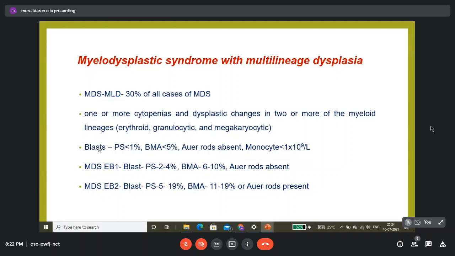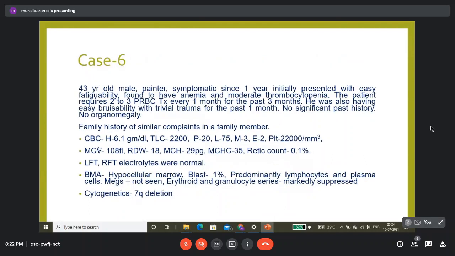Okay, so going on to case 6: a 43-year-old male, a painter by occupation, symptomatic since 1 year. He presented with easy fatigability, and was found to have anemia and moderate thrombocytopenia. This patient required multiple blood transfusions in the recent past, and he had a history of bruisability for the past 1 month, and no other significant history, no organomegaly.